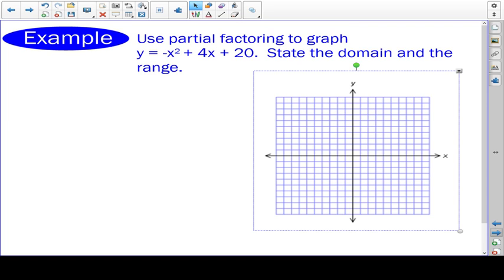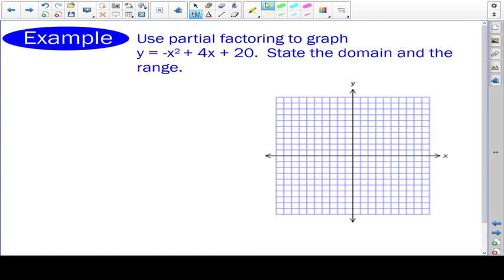Partial factoring means what we have to do is take a look at the first two terms only, because basically what it boils down to is this. We can't factor this as it stands. There's not two numbers that multiply to -20 and add to 4. There just aren't. The only numbers that multiply to 20 are 1 and 20, 2 and 10, 4 and 5.